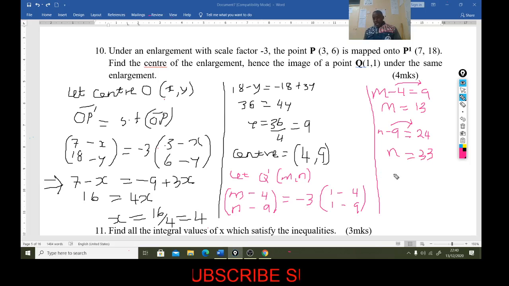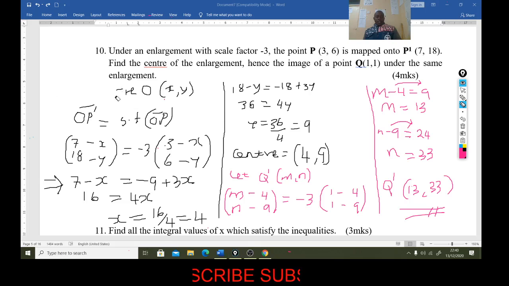So if that is your n, then the Q image, remember I was looking for the Q image, is (13, 33). That is the coordinate of the image Q. That is how you are supposed to do such a question. If you are asked such a question, that is the procedure.